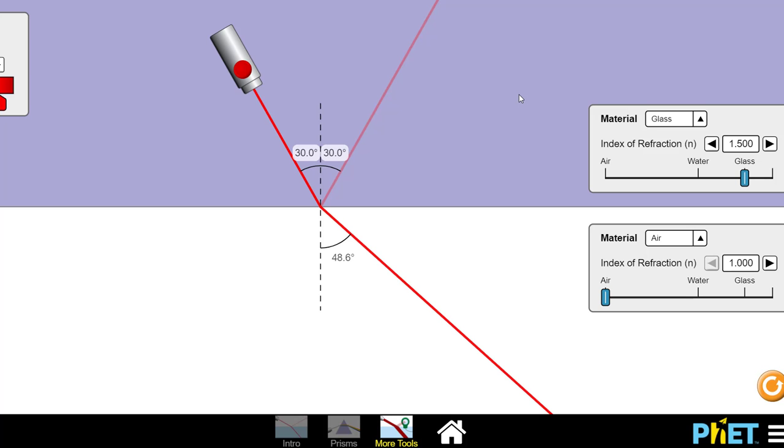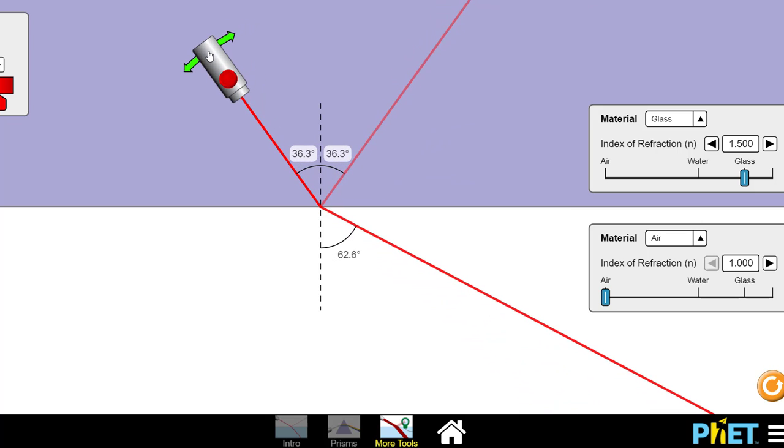When light is moving from a high refractive index to a lower refractive index, for example here from glass into air, it bends away from the normal, so the angle of incidence is smaller than the angle of refraction. What happens if we keep increasing the angle of incidence?